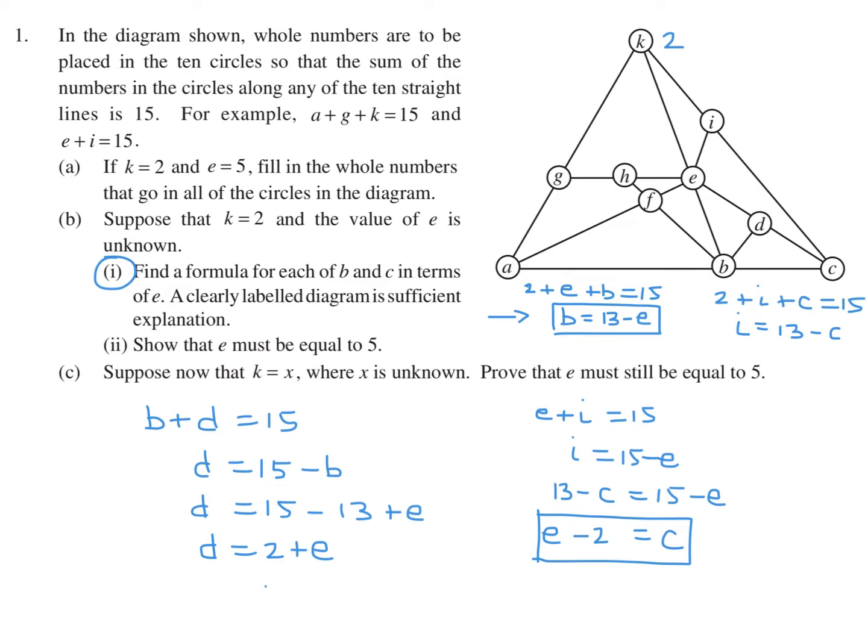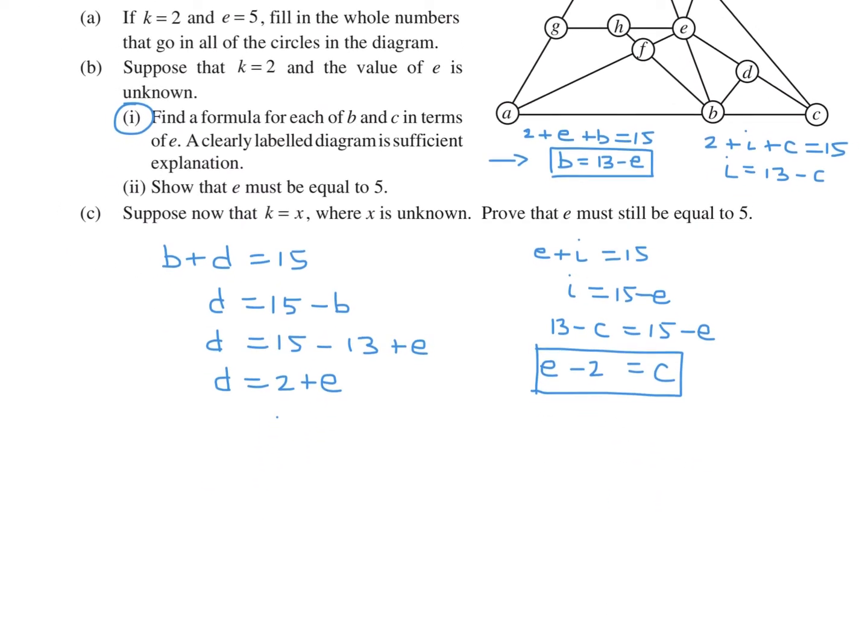And then we can look at this line. From that line, we can conclude, running out of space here, that E plus D plus C is 15. I think we have everything in terms of E. I think that's why they wanted us to do part 1, so that would help us in part 2.